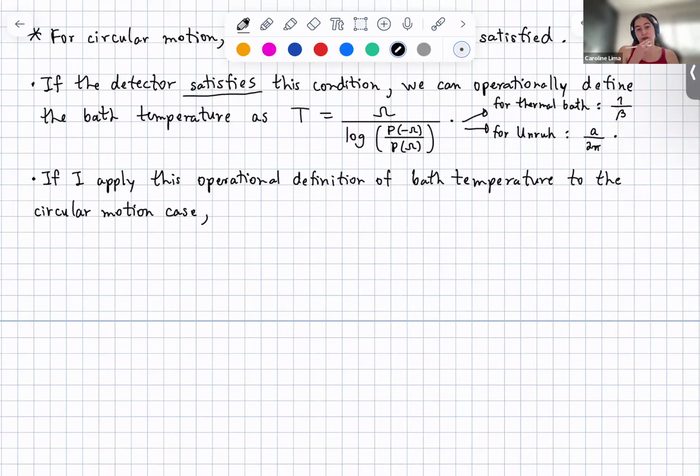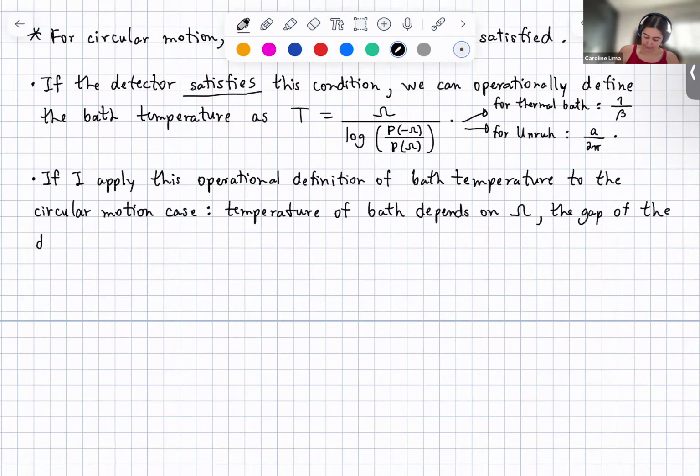we're going to get something a bit weird. What we get is that the temperature of this bath depends on omega, the gap of the detector. And that sounds really weird, no?